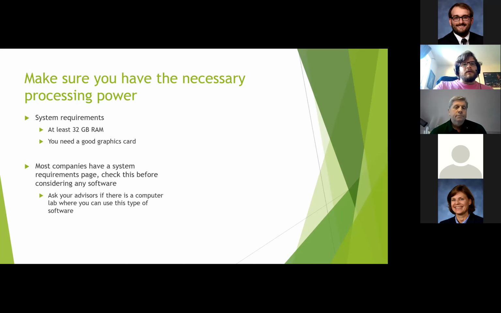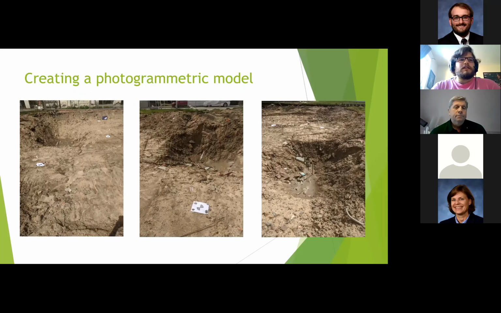Okay. All right, and so let's actually get into the process of creating the photogrammetric model. So this is just a snapshot, a couple images of my study area for the model I was trying to create. I chose this area because it's a barren site that sort of resembled a landslide area.